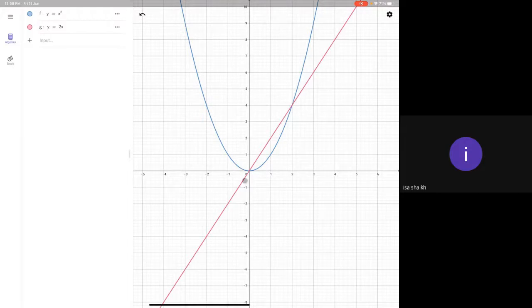Okay. Let me come to the left side. What is happening to the slope? The slope is becoming negative. Can you see? And it is becoming more and more negative. Because what is slope? Slope depends on the slope of the tangent, right?